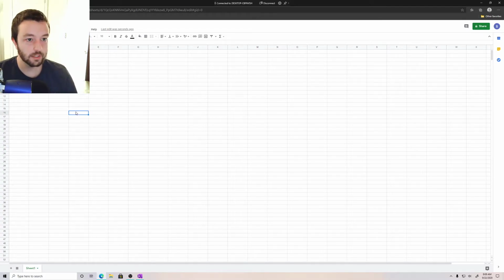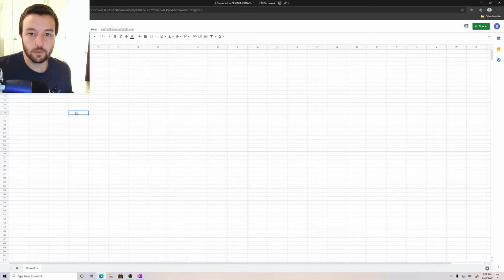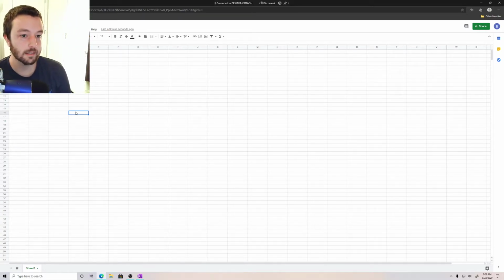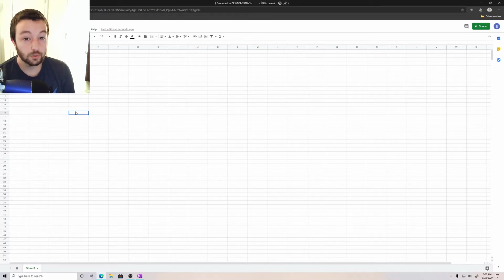Okay, so the reason I'm showing Google Sheets, if you don't know, Google Sheets is free, just with any Gmail account. So anybody can make this and it's free, unlike Excel, which isn't really free. A lot of computers come with Excel, but it's not actually technically free. You might be able to get it through the school or something, I'm not sure.